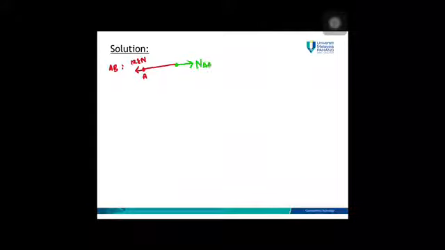And then by using the equilibrium equation, summation Fx is equal to 0. To the right is positive. Then you have negative 12 plus NAB is equal to 0. NAB is equal to 12 kN. Then we do the same for BC.